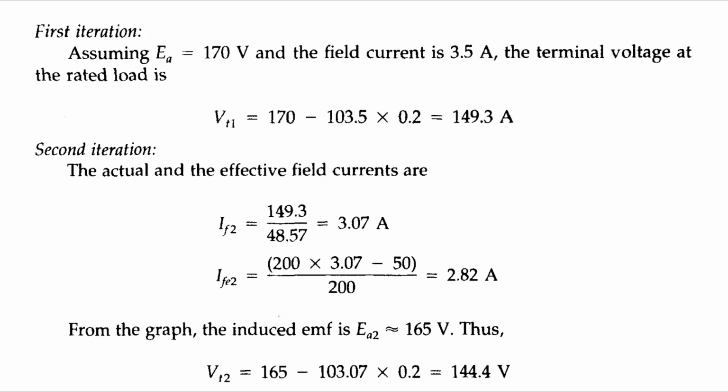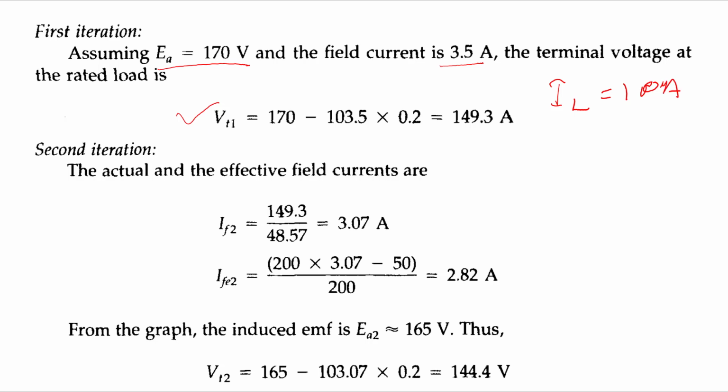Now in the first iteration, EA is 170 volts, right? And the field current we found is 3.5 ampere. Now I can find the terminal voltage, that is 170 minus IA into RA, because your IL is 100 ampere, right?